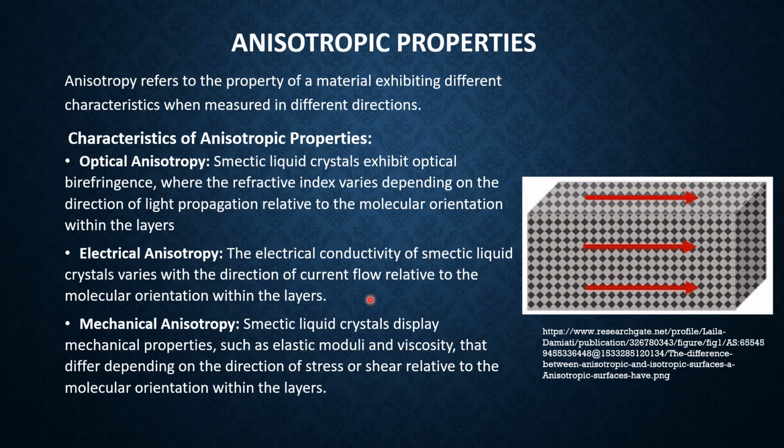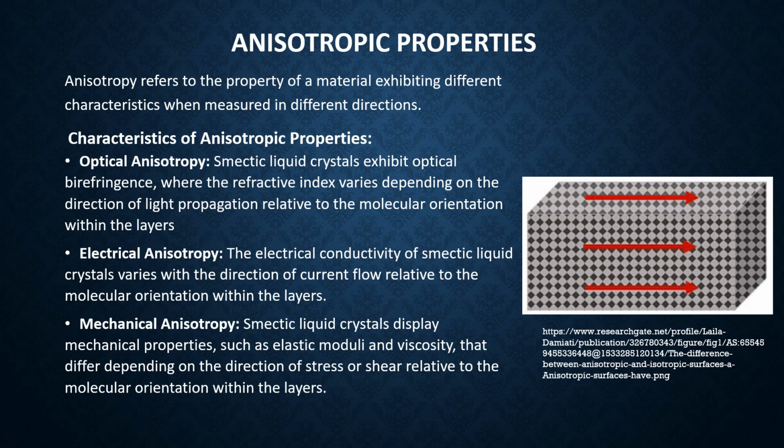Coming to mechanical anisotropy. This smectic liquid crystal displays mechanical properties such as elasticity and viscosity that differ depending on the direction of stress or shear relative to the molecular orientation within the layer. So what did we see? We saw what is anisotropy, and optical, electrical, and mechanical anisotropy.